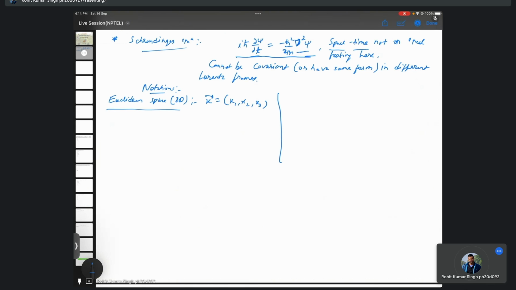And a dot product between two vectors is simply the sum of the multiplication of the corresponding components, and this is denoted by this.